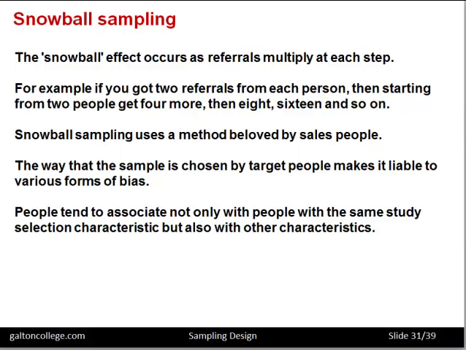If I refer to two, and you go through those two, they may refer to two more, but those two may have different characteristics to me, and I started the whole process off. So characteristics may vary as it goes on, and that's a good thing, presumably, because it widens the scope of the research base.